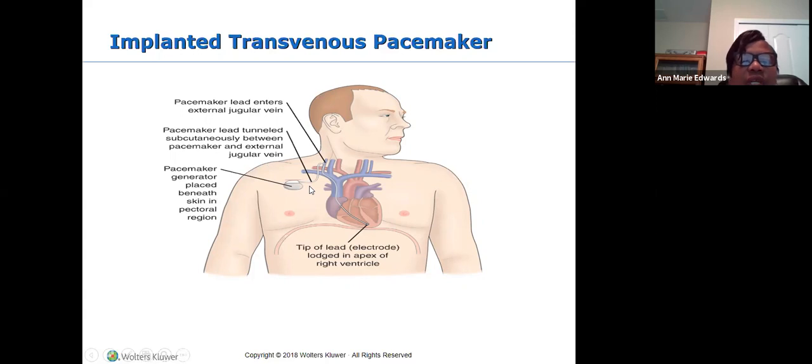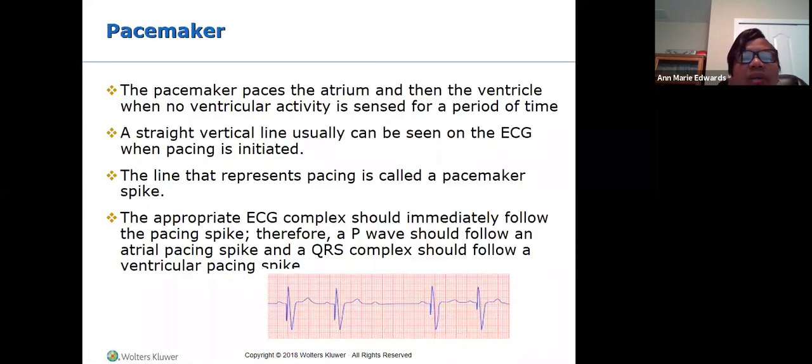You have a generator that's placed beneath the skin. And notice the tip of the electrode is in the apex of the right ventricle. So that's your implanted transvenous pacemaker. The pacemaker paces the atrium and then the ventricle when no ventricular activity is sensed for a period of time. So that's what your pacemaker does.